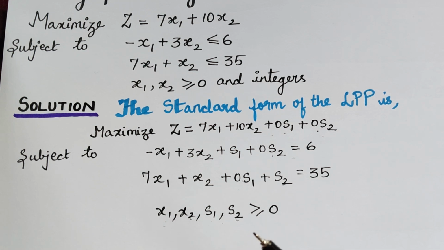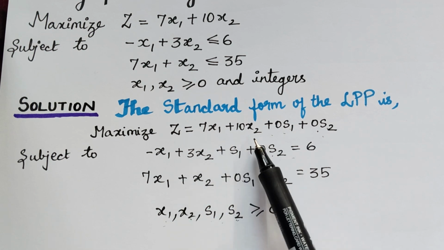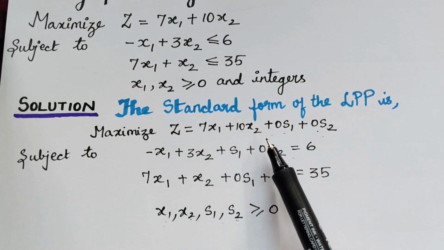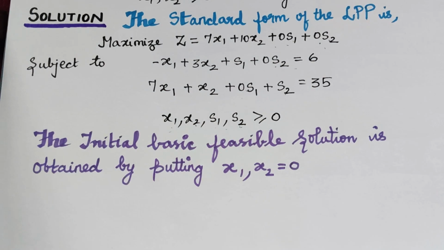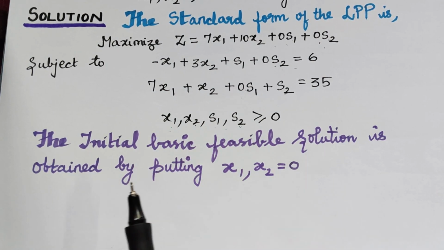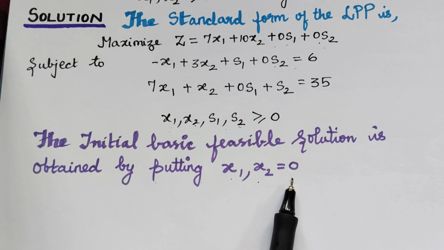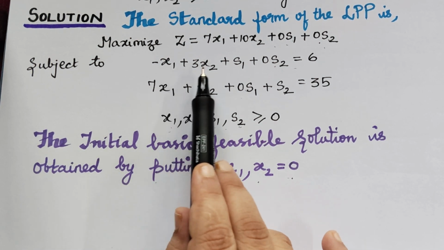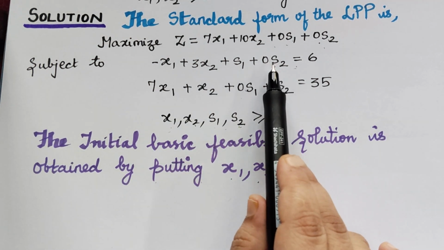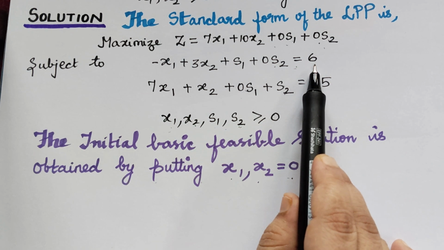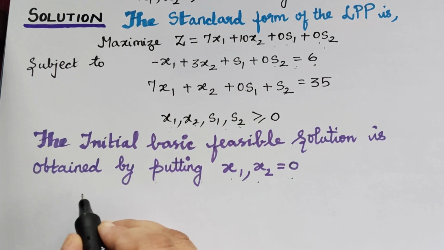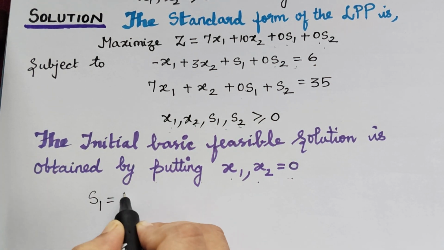Now we shall first find the initial basic feasible solution and it is obtained by putting x1 and x2 equal to 0 initially. Now if we put x1 and x2 as 0 in the first constraint, we get s1 equal to 6.